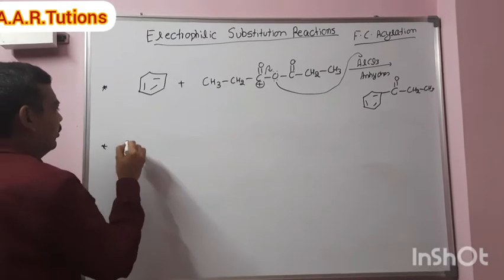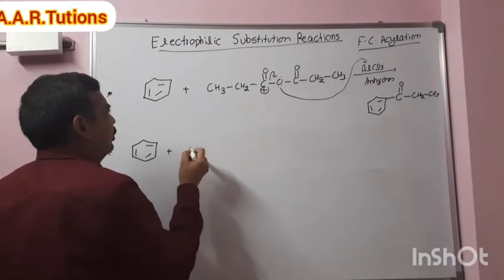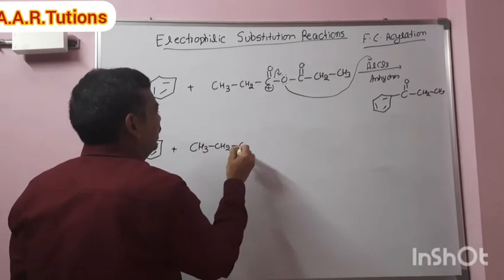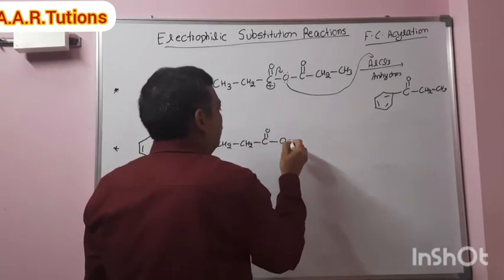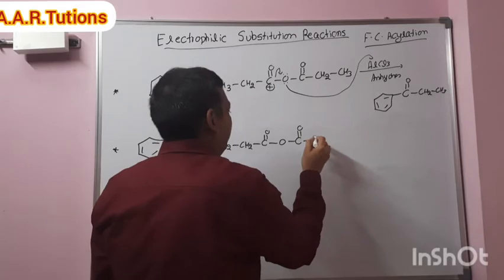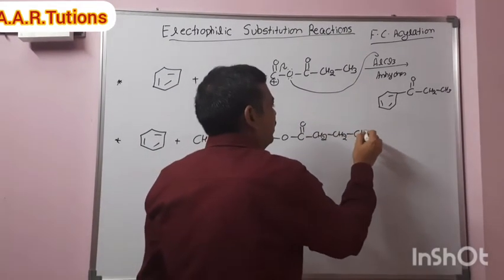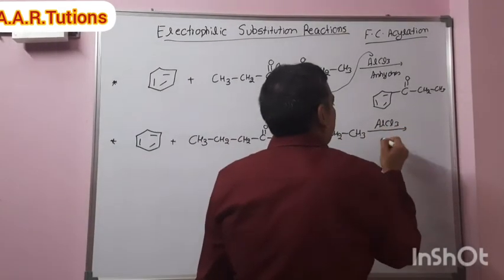Next problem. Write the product formed when benzene reacts with butanoic anhydride in presence of AlCl3 anhydrous.